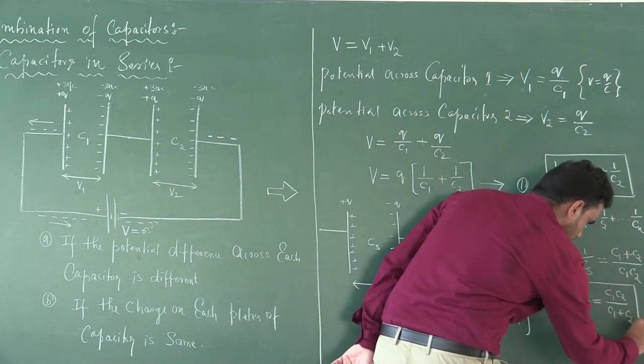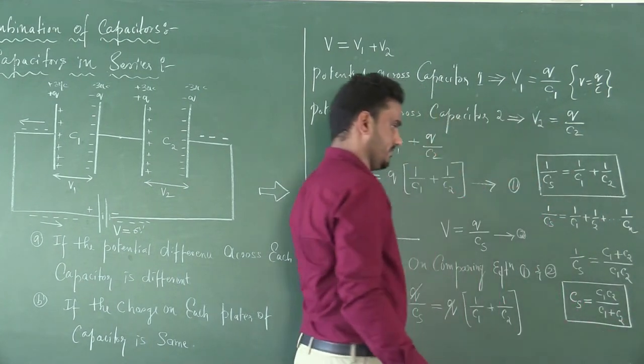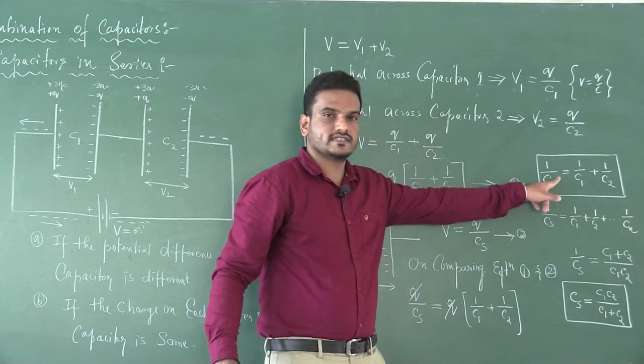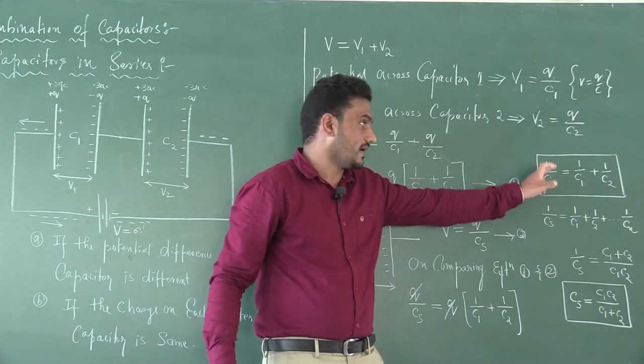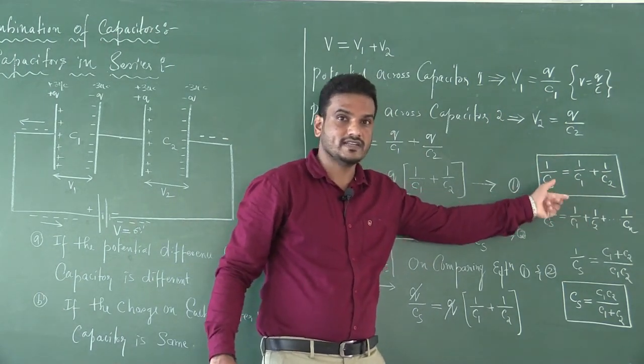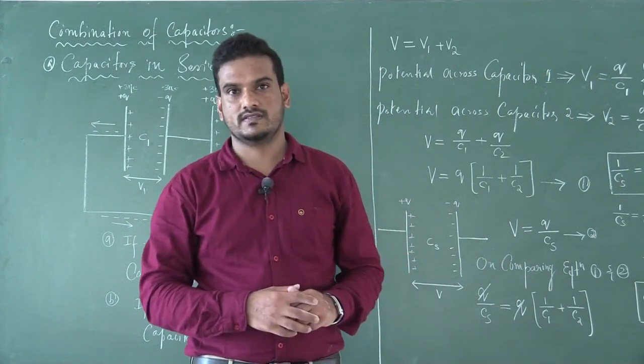So this equation is helpful in CET and NEET. So this is the expression for the capacitance of capacitors when they are connected in series. So we completed two expressions.